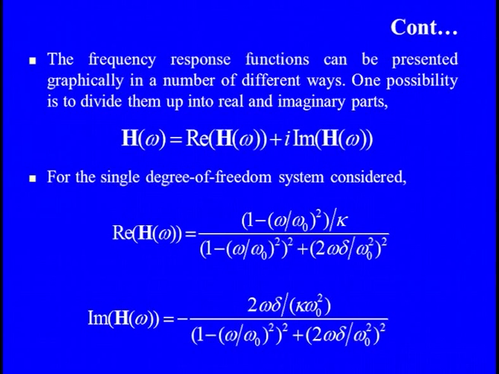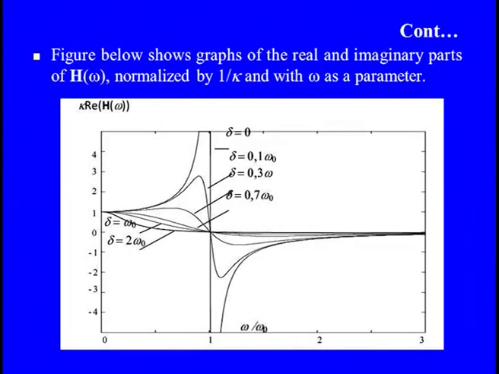So, it is 2 zeta (omega by omega 0) divided by k times [1 minus (omega by omega 0) squared] whole squared plus [2 zeta (omega by omega 0)] whole squared. These real and imaginary features clearly show that there is a variation in these responses due to the complex or real nature of the roots.